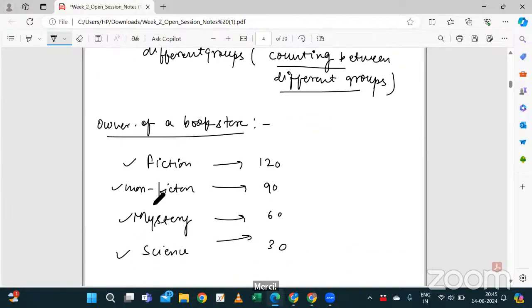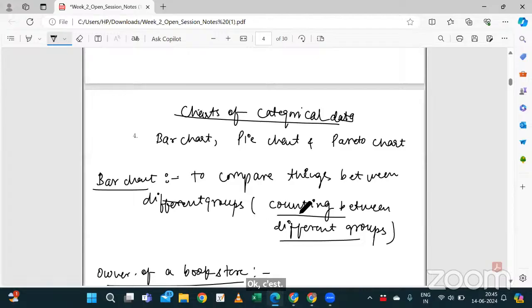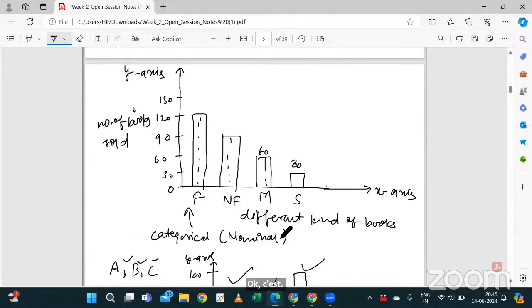Okay, sir. So what is the significance of this? Now what about the bar chart? A bar chart can be used when I'm interested in comparing the count between different groups. Suppose I have a data set of different types of books: fiction, non-fiction, mystery, and science. If I want to check how many books have been sold for each, then I can simply draw a bar chart.